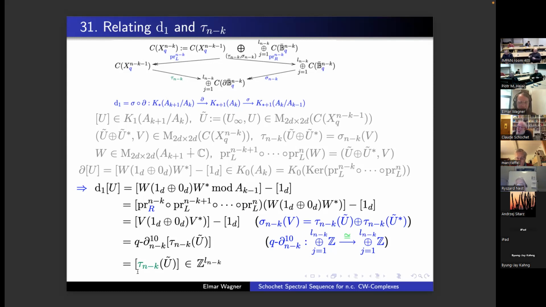And that map induces an isomorphism when you look at the K-theory of A_i over A_{i-1} in every case. So you're mapping from the K-theory of the quotient A_i over A_{i-1} to the K-theory of the quotient B_i over B_{i-1}.